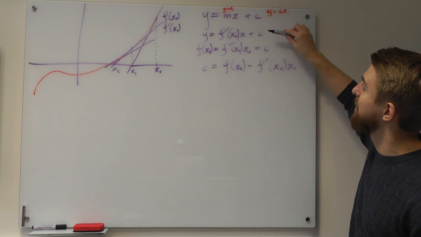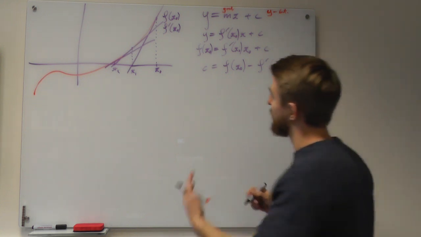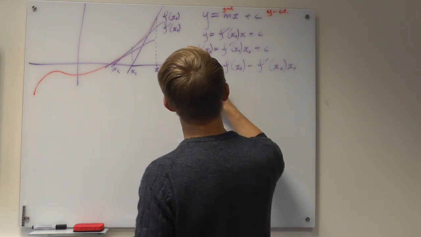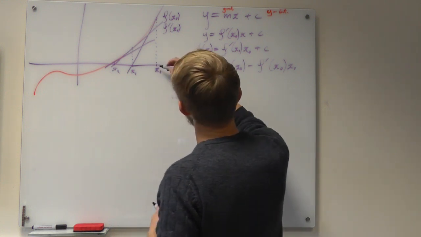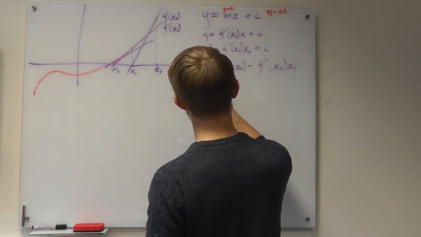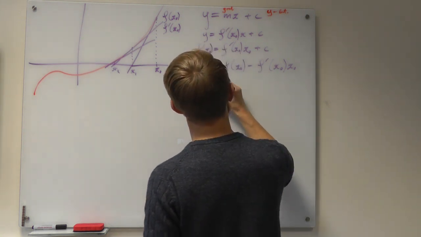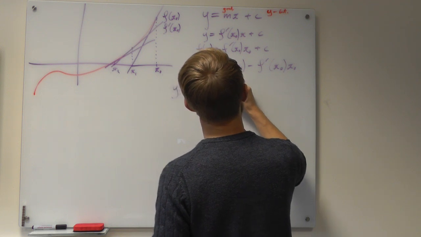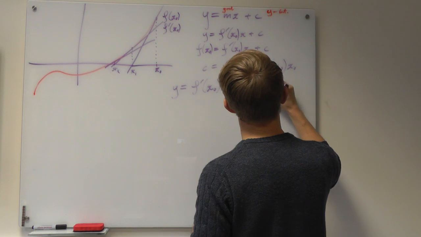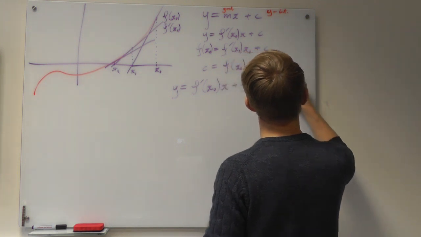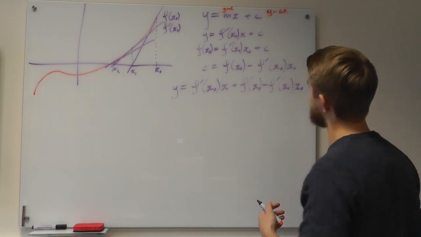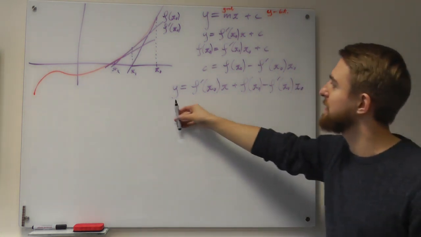We can sub it back into our full equation here, and we'll then have a complete equation for a tangent line on our curve that goes through the point x0, f of x0. So y equals f prime of x0 times x plus f of x0 minus f prime of x0 times x0. Okay, so here's our formula.